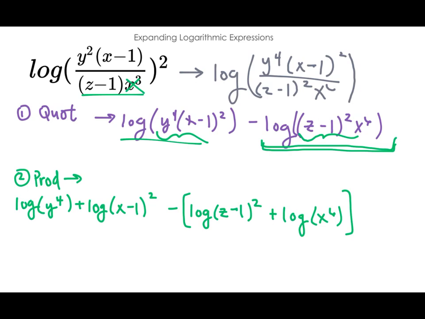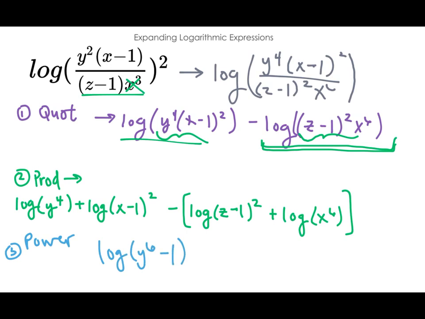Okay? The last thing we do then is the power rule. So for the power rule, that just says, again, you take any exponents on a log expression and bring them down. So, for example, this, we could not bring that 6 down because the 6 isn't on the entire expression.